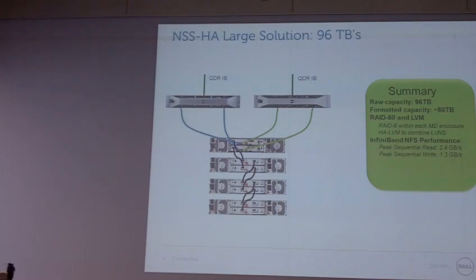We're going to talk about those details, how you do fencing of these I/O nodes, these NFS servers, how you configure the primary fencing device and secondary fencing device, what the failure modes are, what happens when you unplug a network cable, what happens when one of your RAID cards goes down, and so on and so forth.